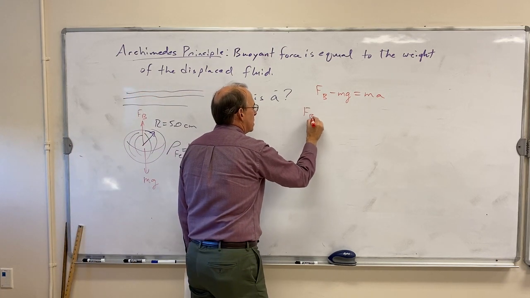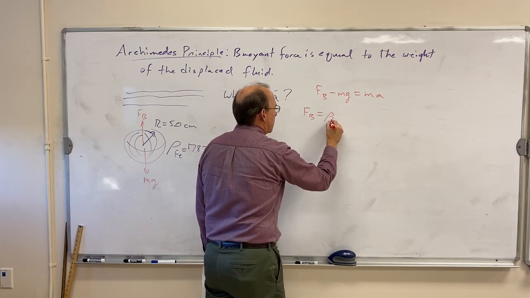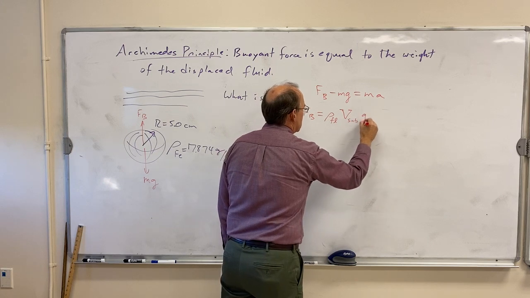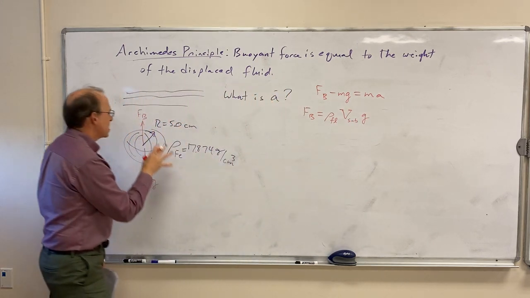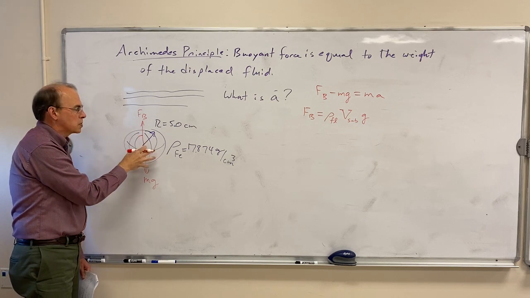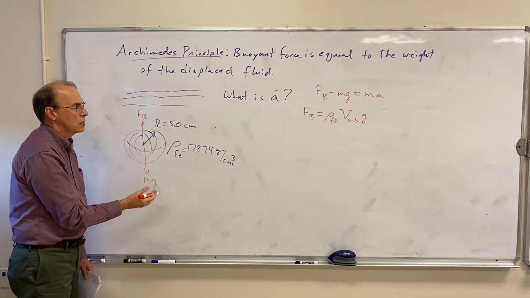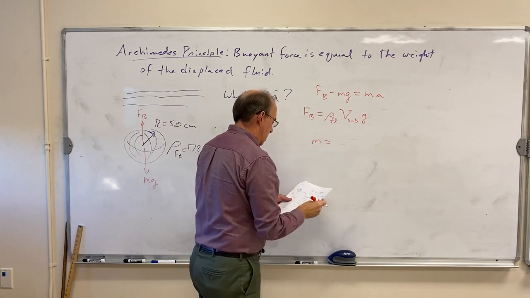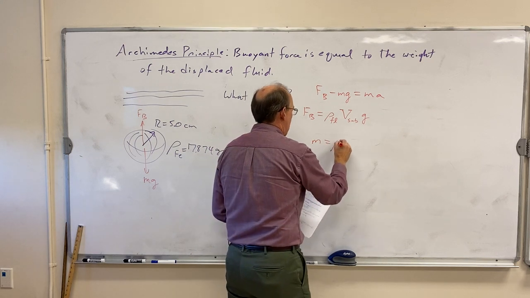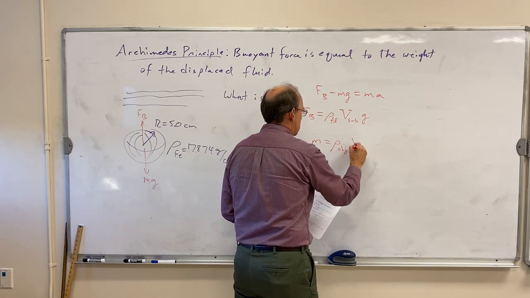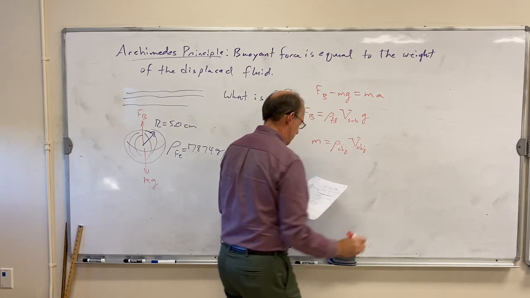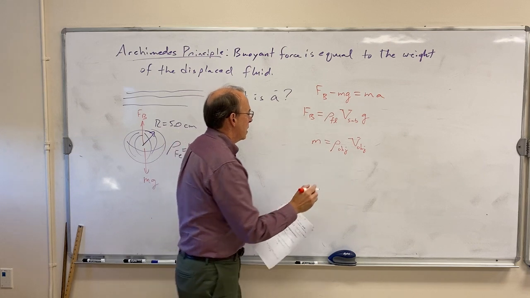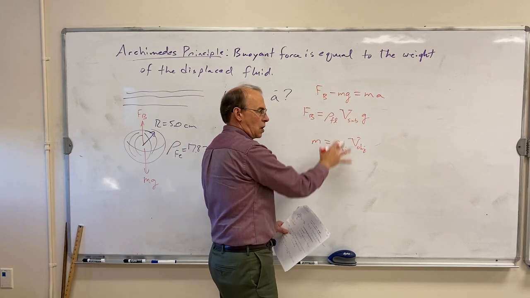F buoyant is rho of the fluid, volume submerged, g. But now the entire thing is submerged, so the volume submerged is the entire volume. Mass of the object is rho of the object times volume of the object. So we can solve all these.